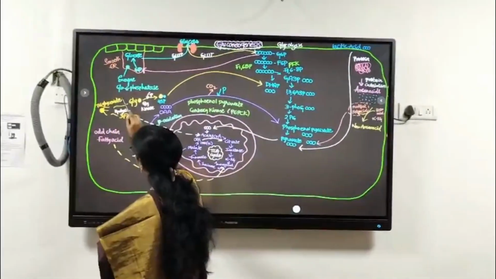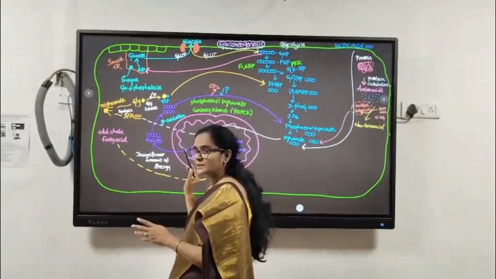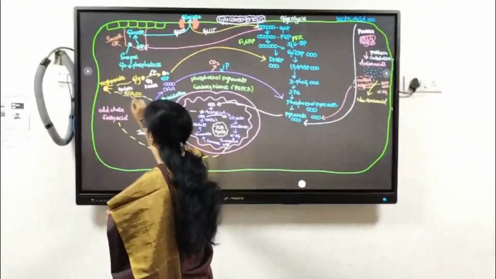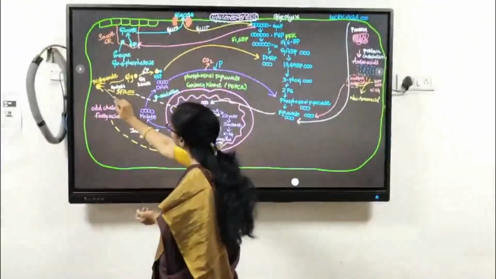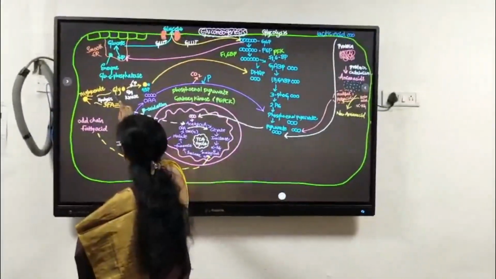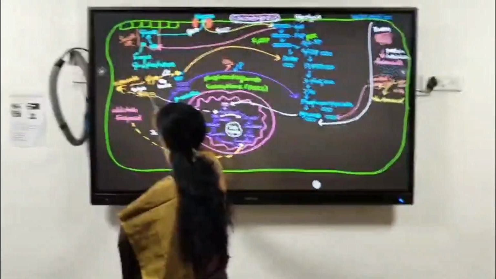So this is the triglyceride. A triglyceride is the molecule which consists of a glycerol molecule with 3 fatty acids. During lipolysis, this is broken into glycerol and 3 fatty acids.